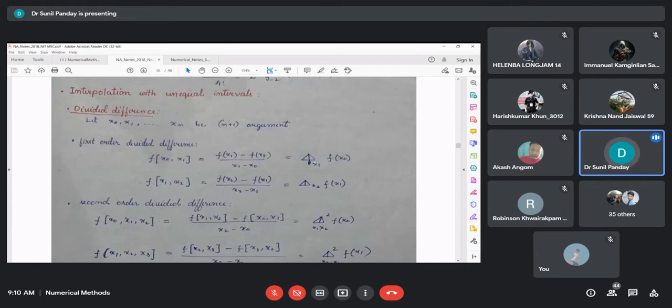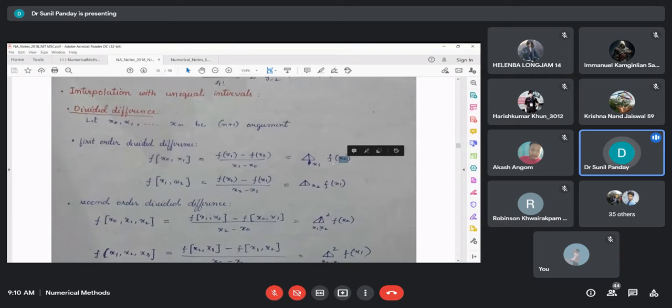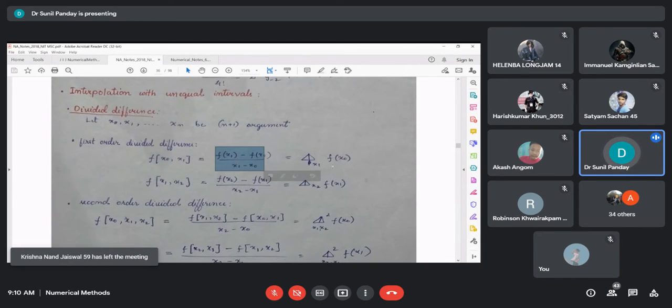So here x1 and x naught are telling us that if delta x1 f of x naught is written here, it means f of x1 minus f of x naught divided by x1 minus x naught.